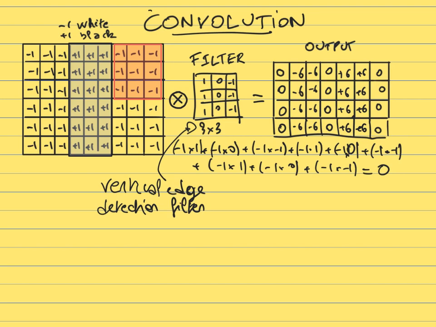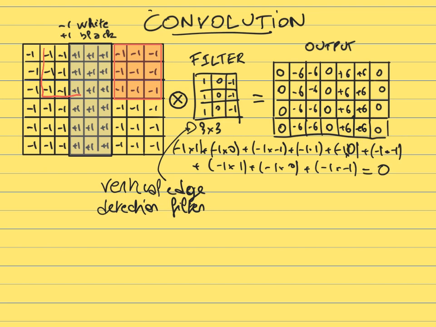If you move your filter to an area where the pixels in the left column are not the same as the pixels in the right column, the filter will give you either a positive value or a negative value. The reason is that you have detected an edge. An edge is when you have some pixels that are black on one side and white on the other side. That's the definition of an edge.